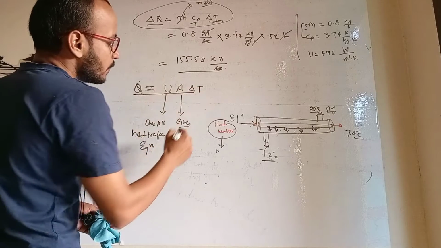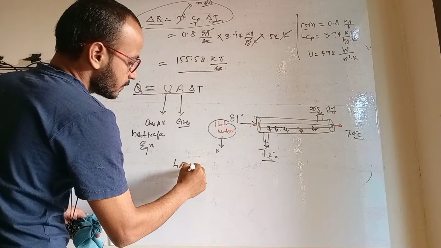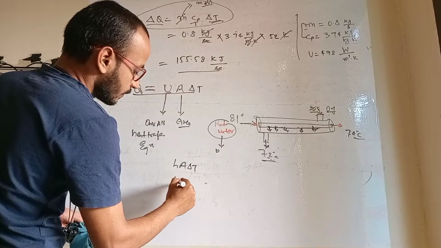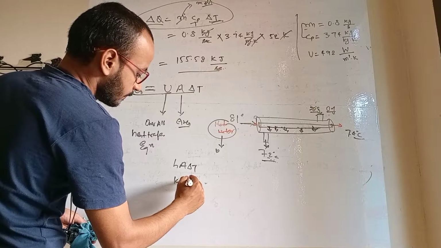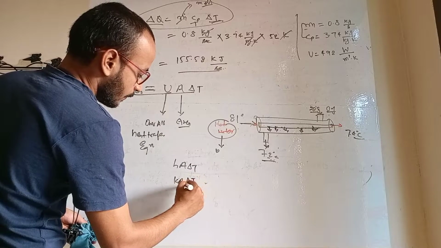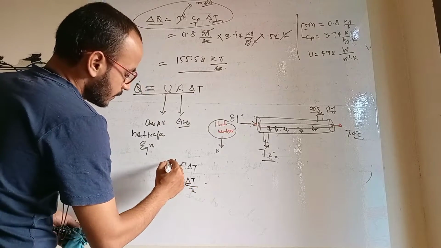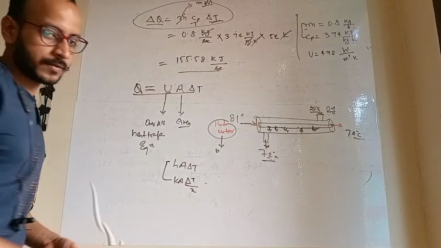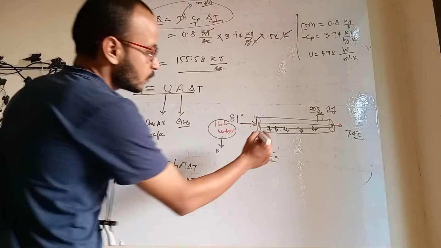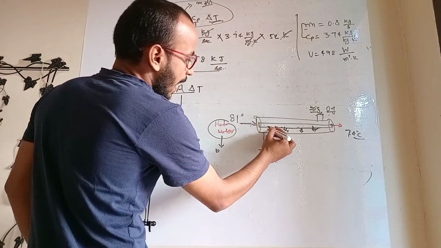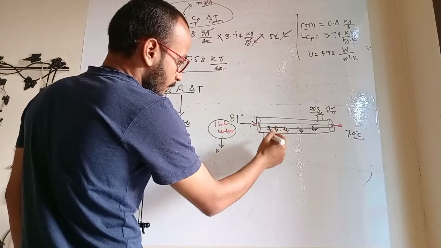So why don't we use hA delta T and kA delta T by x? These two equations are also heat transfer equations. Here both convection and conduction occur through the pipe media.